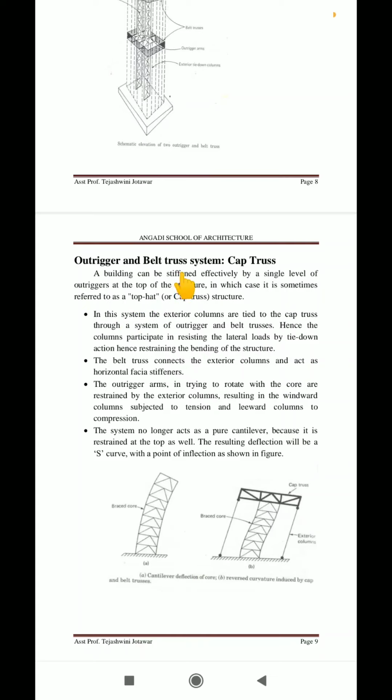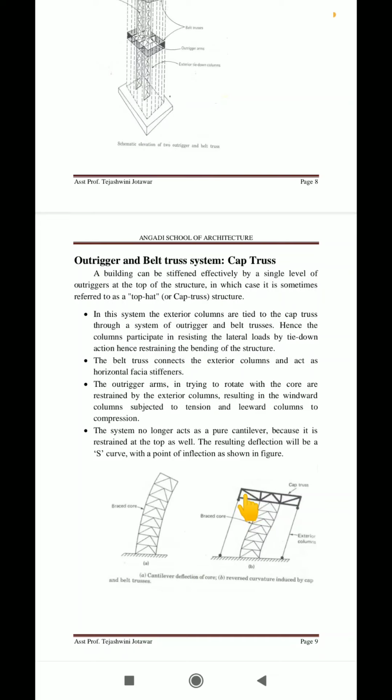A building can be stiffened effectively by a single level of outrigger at the top of the structure, in which case it is referred to as a top hat or a cap truss. In this system, the exterior columns, the outermost columns of the structure, are tied to the cap truss through a system of outrigger and belt trusses. So here, the last exterior column, I am tying to the cap truss or belt truss which is provided at the top.